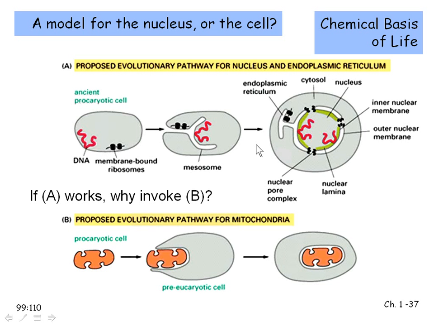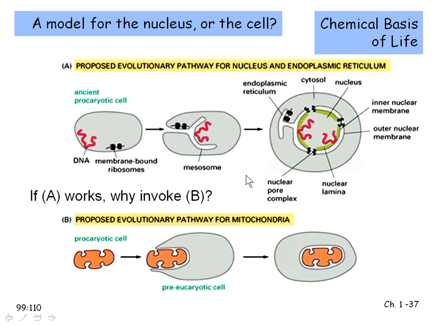And so this is a proposal for how a nucleus and an endoplasmic reticulum might have arisen. It, to me, is not very much of a leap to suggest that possibly there was another compartment like this, but it specialized in photosynthesis and had differential gene loss or something like that.